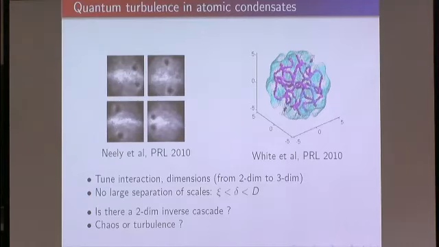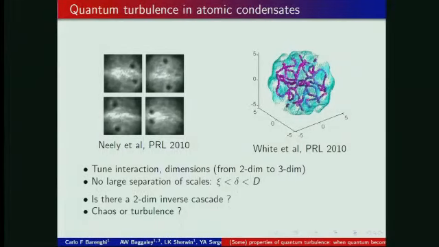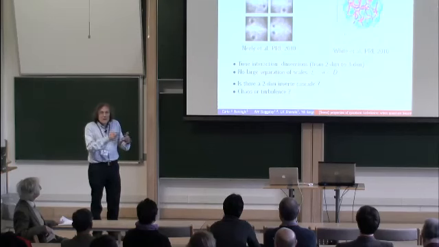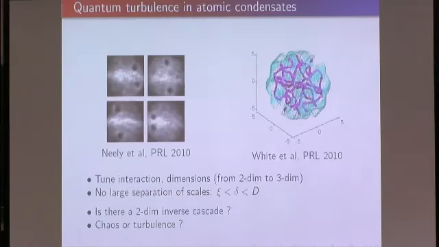At the right-hand side, you see a three-dimensional numerical calculation. Pale blue is the surface of the condensate outside of this small cloud of atoms. In purple, you see the funnels, the tubes of the vortices. You see they are tangled, spaghetti-like. This is a snapshot because they keep moving and agitating.